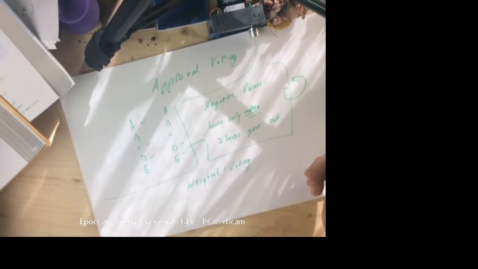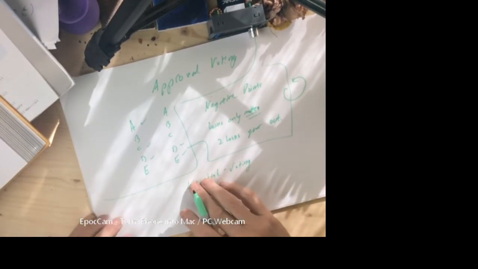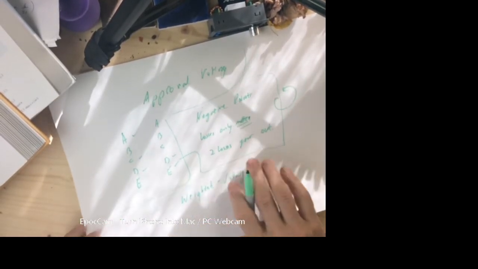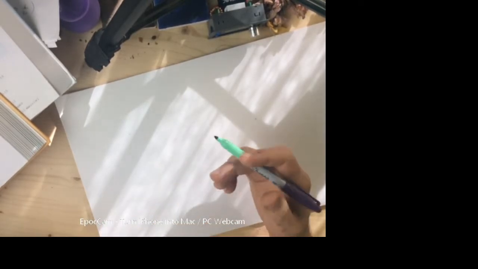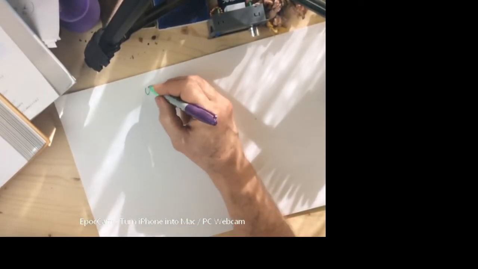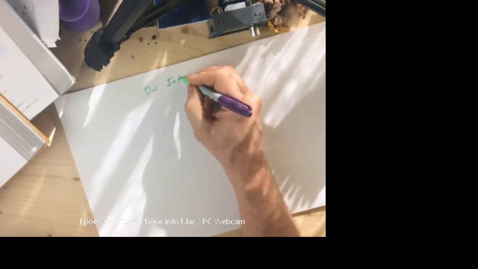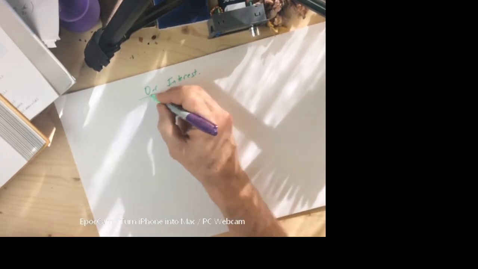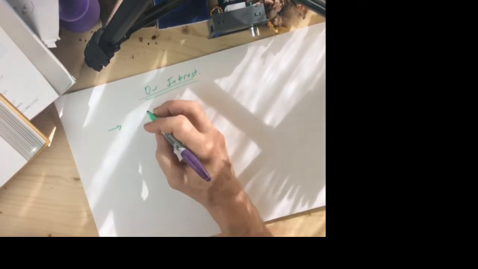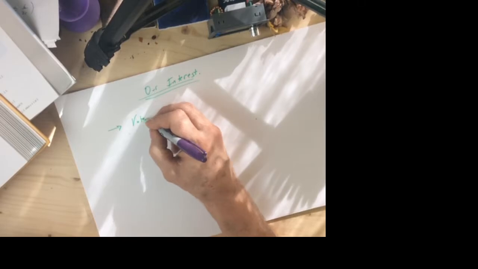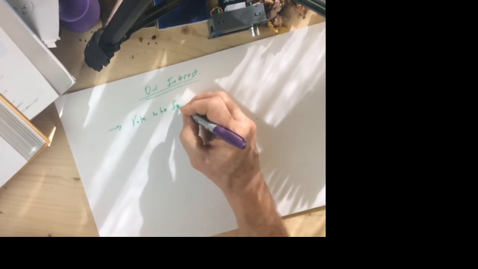So this brings us to the question of what would we be interested in a voting system? By the way, we're still going to look at a couple more voting systems. What would we be interested in? Our interest. Well, we want the vote to be fair.